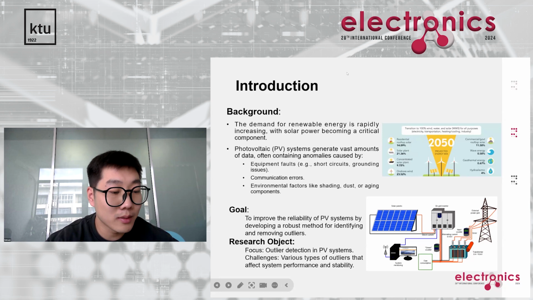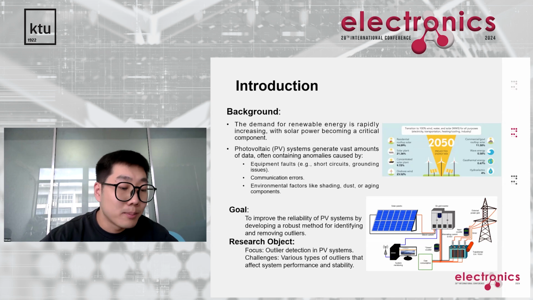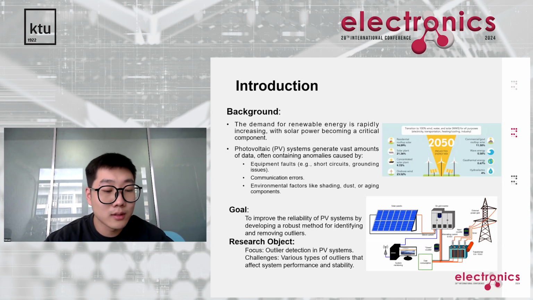Solar power is becoming more important in the world's move towards renewable energy. However, PV systems often collect data with mistakes caused by things like equipment problems, communication errors, or issues like shading or dust.